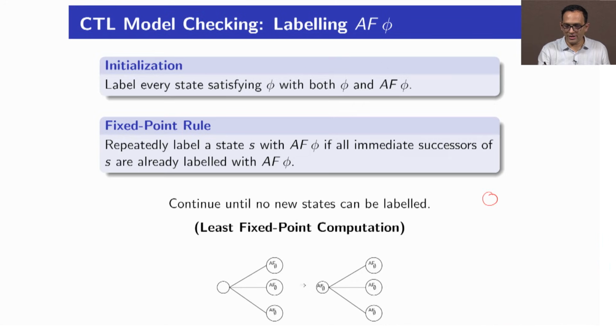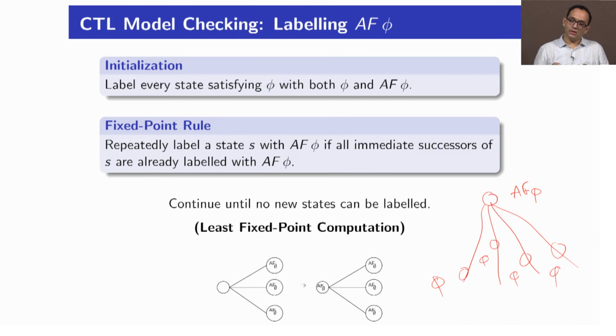I have a state, and I can say that AF phi holds in this state if for all paths from this state, there may be many paths, in some future state phi is true, right. If this is the scenario, that from this state all paths are there, in all paths in the future phi holds.